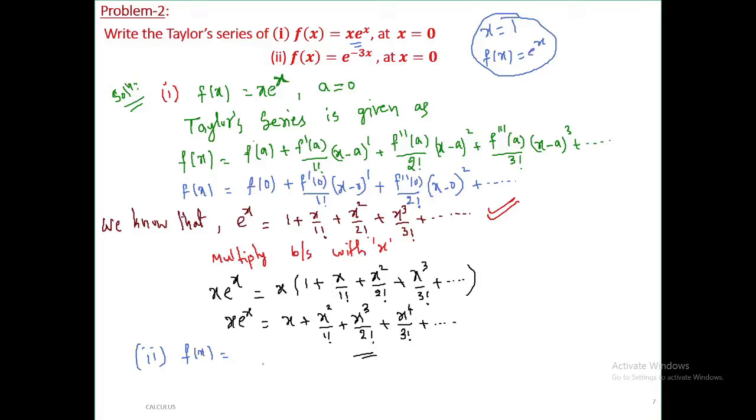And here e power 3 minus 3x is given. So already you know the Taylor series of e power x. So from this directly substitute minus 3x wherever there is x. That's it. Okay.